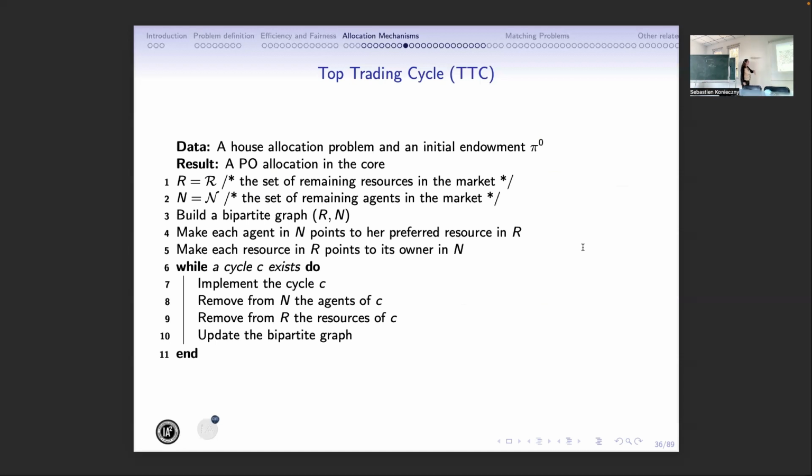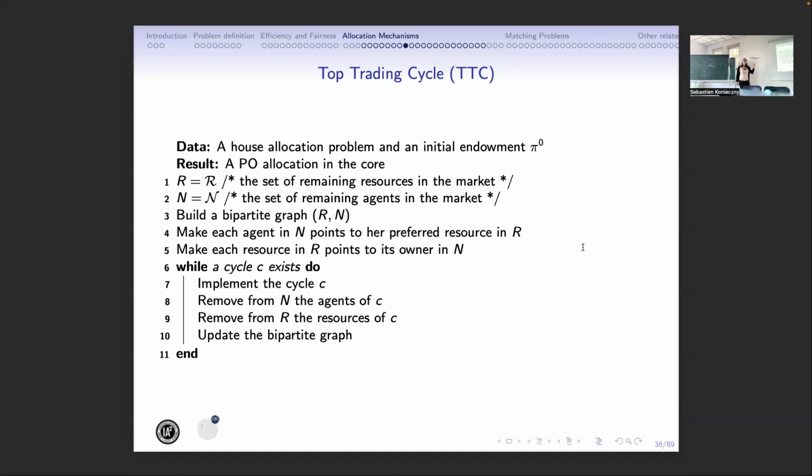Initially we have all the agents in the market. And we will make each agent in N point to a preferred resource in R. And we will make each resource in R point to its owner in N.